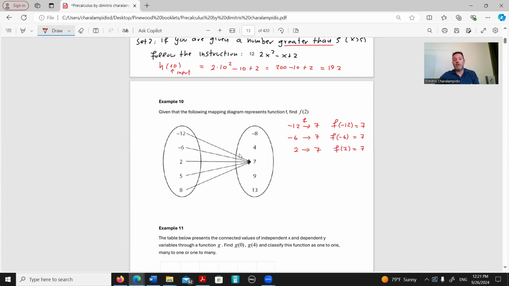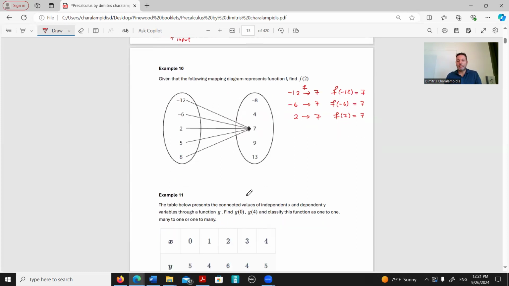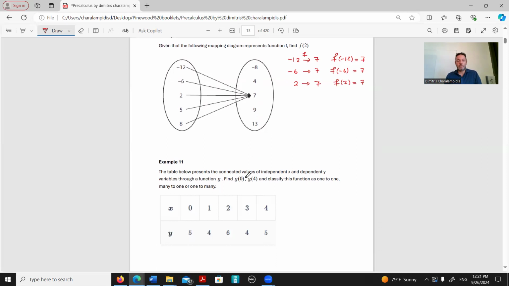Okay, so even when we don't actually have the set of instructions, the function notation, in order to find the corresponding output values, knowing the mapping diagram would still be fine. Lastly, we are asked to find output values for given input values when we don't have a function notation, we don't have a set of instructions.